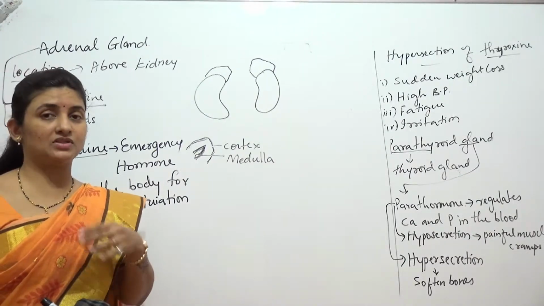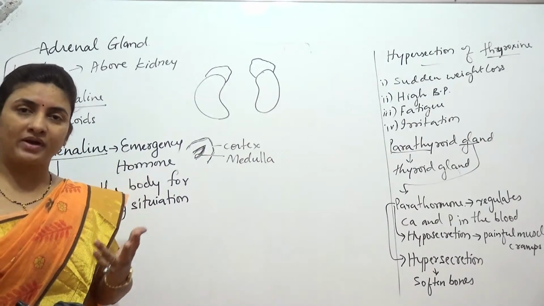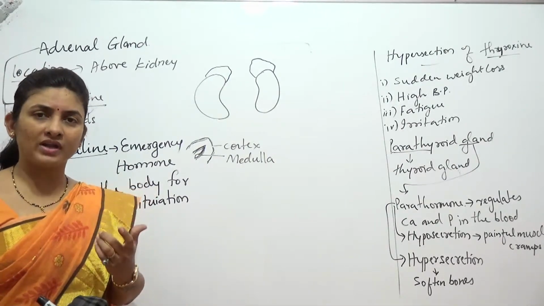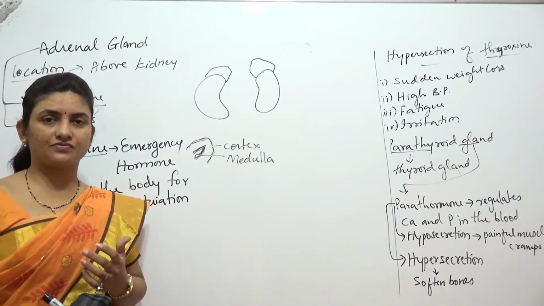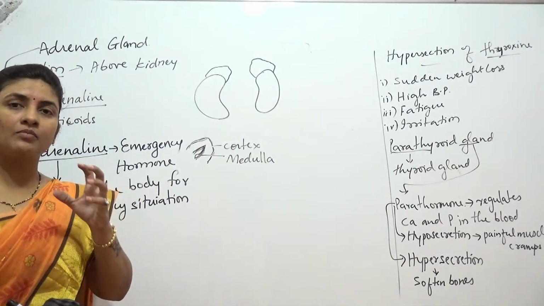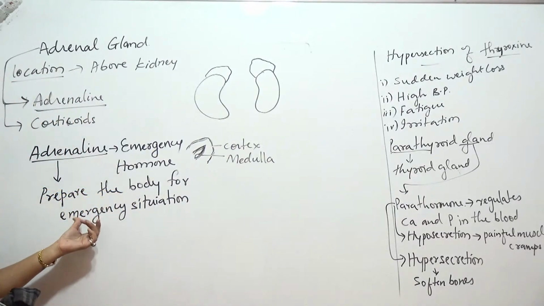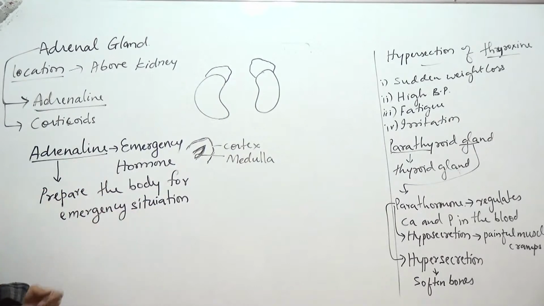You see the panther, your heartbeat rate increases, and the oxygen supply to the body becomes more, because of which you run very fast from the place. At this stage, the entire body is coordinating with one another and facing the emergency situation, because of which it is called the emergency hormone.